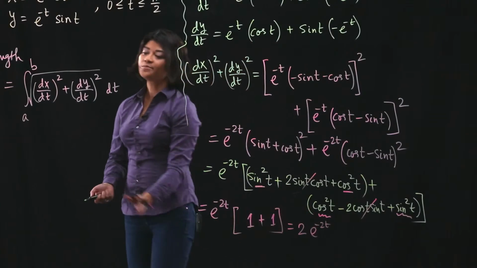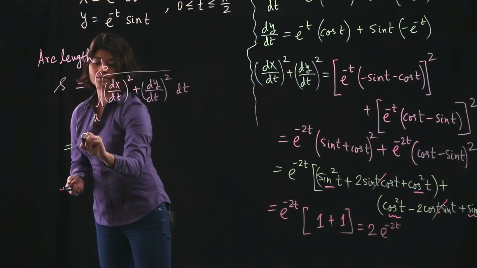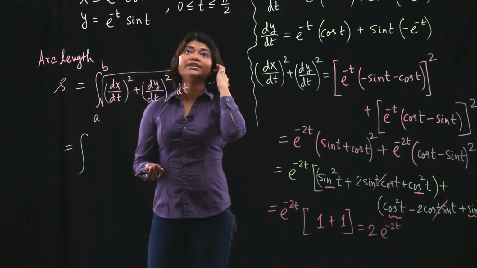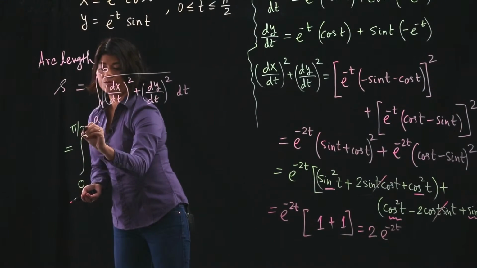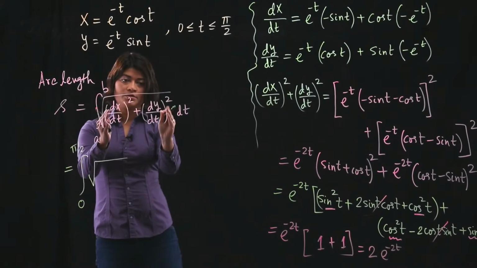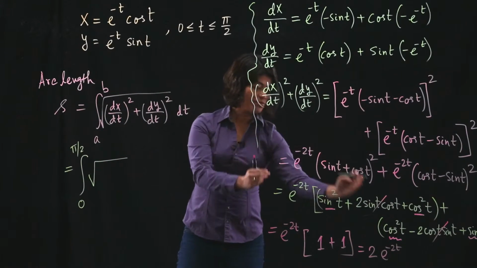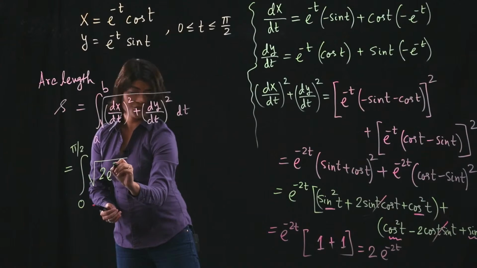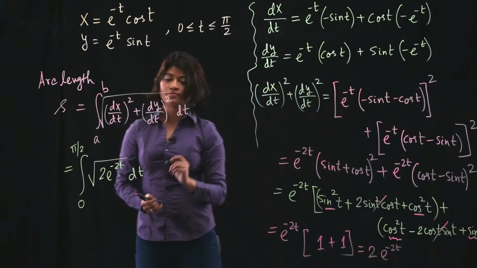All right, let's bring it here and plug it in this definite integral. Note that the definite integral, these limits are the limits for t, and the interval is from 0 to pi over 2. So this will be the integral from 0 to pi over 2 of the square root of this expression, dx dt square plus dy dt square, which we have simplified to be 2 times e to the power negative 2t, dt.